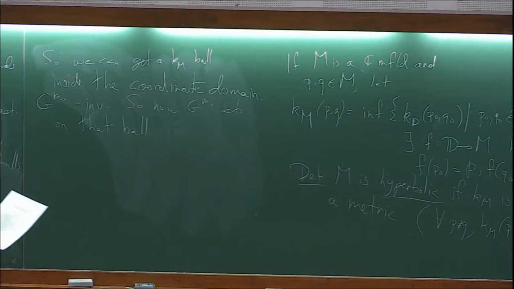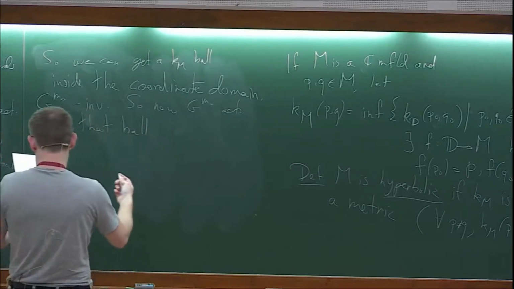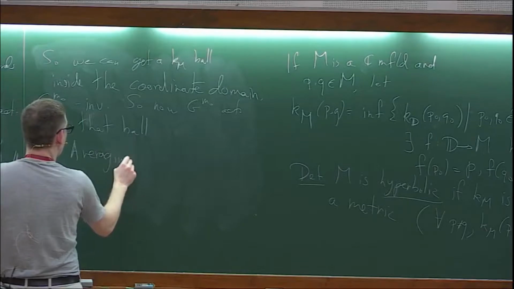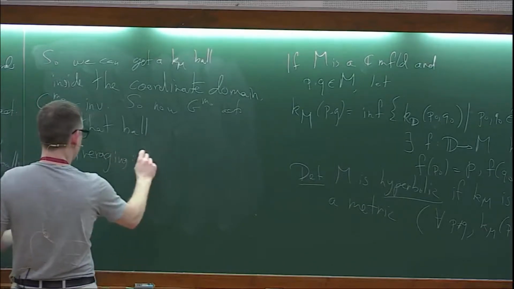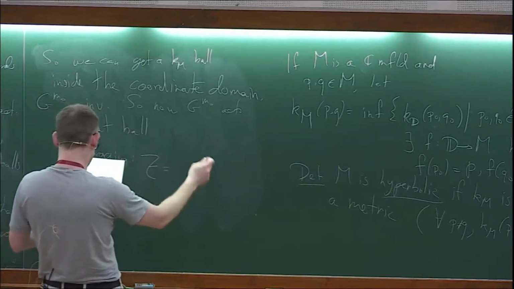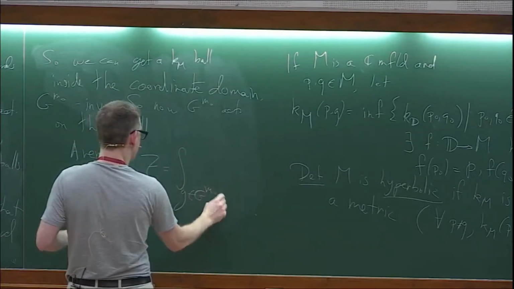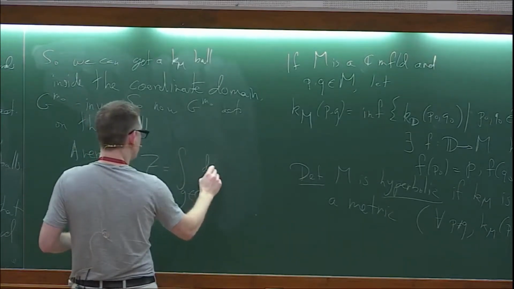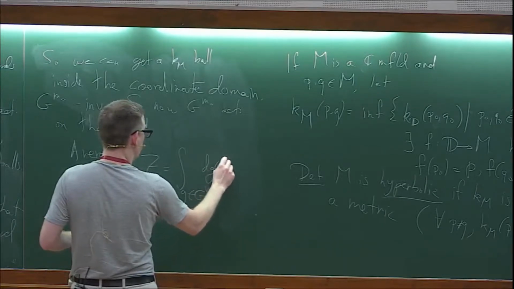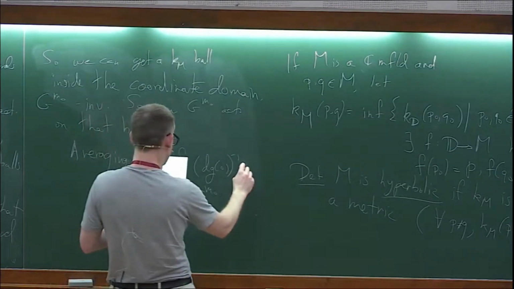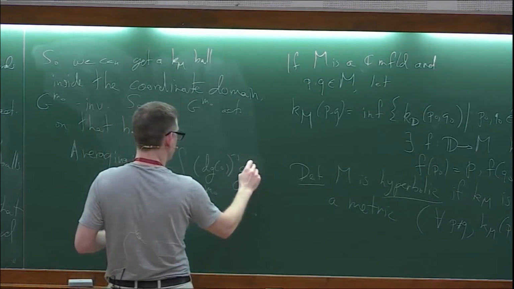And then we follow a recipe. We just do an averaging. I'll just write down that the new coordinates are given by averaging out over the stabilizer. You linearize the action in those coordinates. It's a bit tricky. You linearize the action in those coordinates, invert, and then you take the nonlinear action in those coordinates.